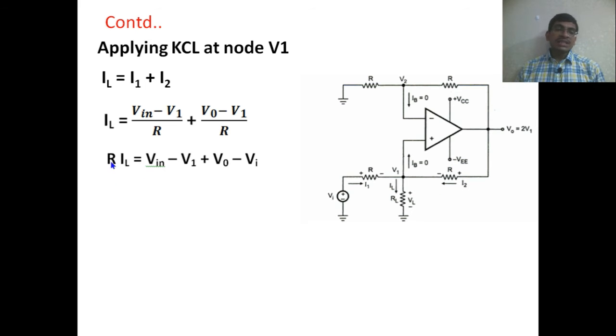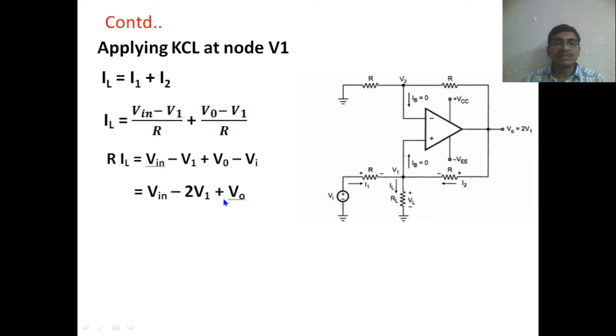Simplify the equation. R into IL is equal to VI minus V1 plus V0 minus V1. So minus V1 minus V1 becomes minus 2V1.